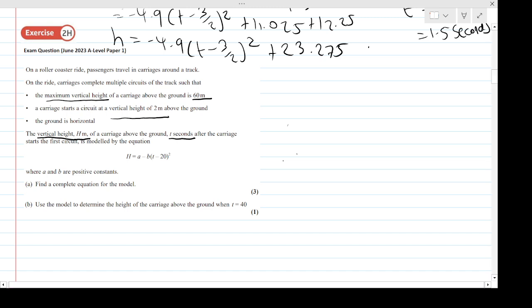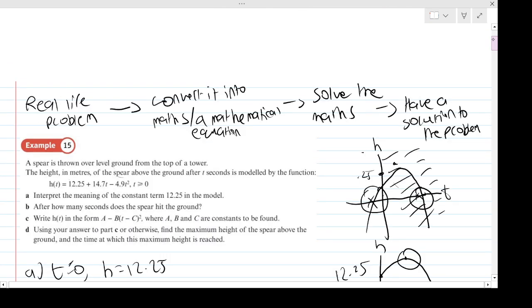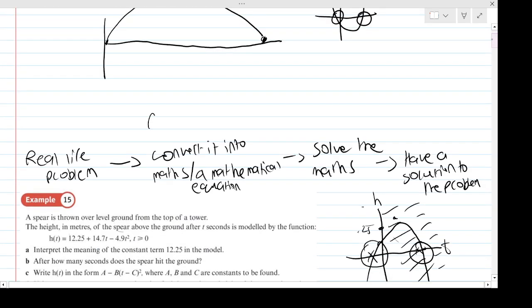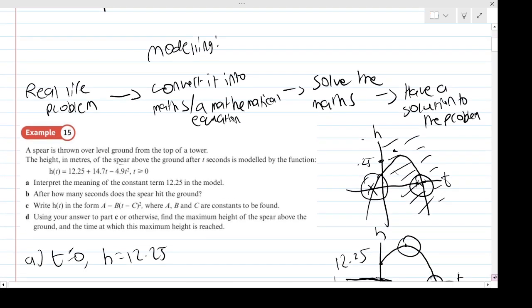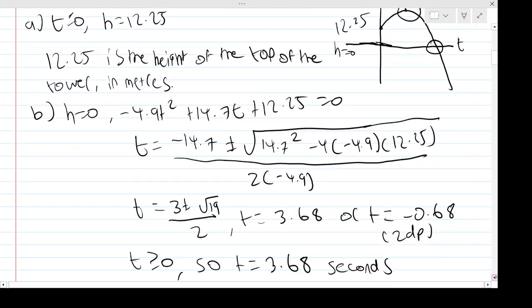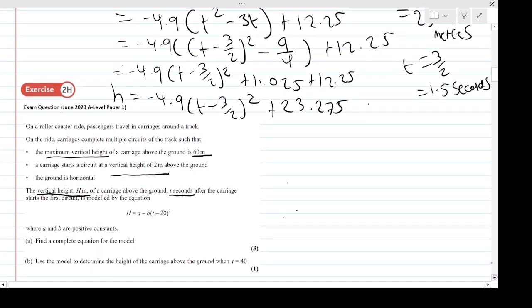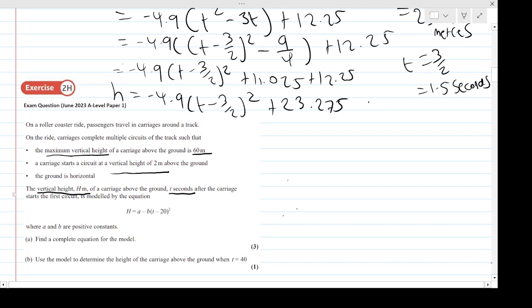Remember when we drew that flowchart thing for mathematical modelling, where we have a real life problem, then convert it into maths? Well, in this case, we need to find the equation first before we work with it. Unlike the first question where we were given the equation, here we need to find the missing bits to get the equation.